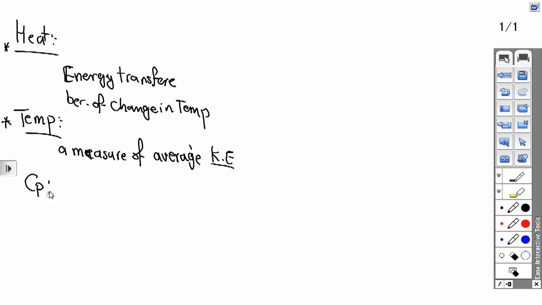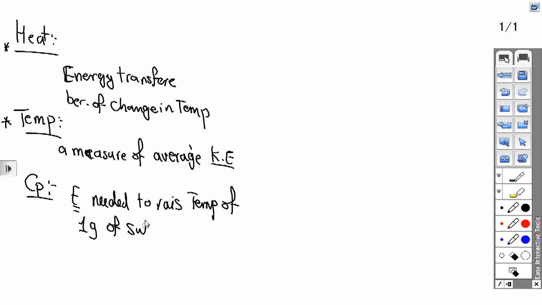Specific heat capacity, or Cp, is the amount of heat, or amount of energy as heat, needed to raise the temperature of 1 gram or 1 kilogram, according to the unit, of substance 1 degree Celsius.